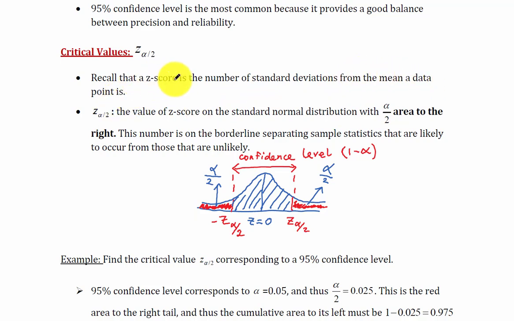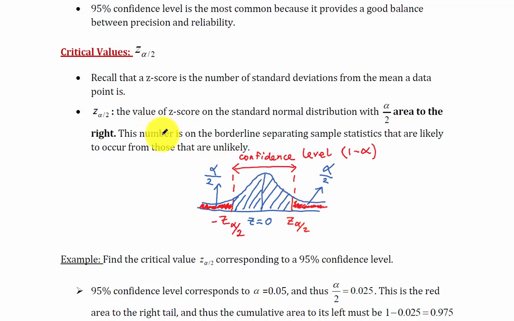So if I have a z-score of 2, that is 2 standard deviations from the mean. Now z alpha over 2 is just the value of the z-score on the standard normal distribution with alpha over 2 area to the right.